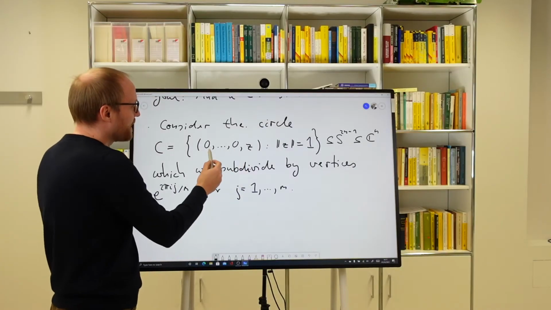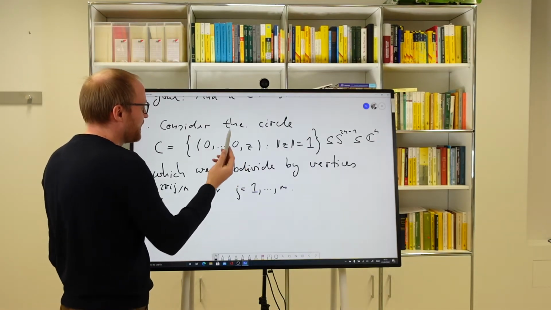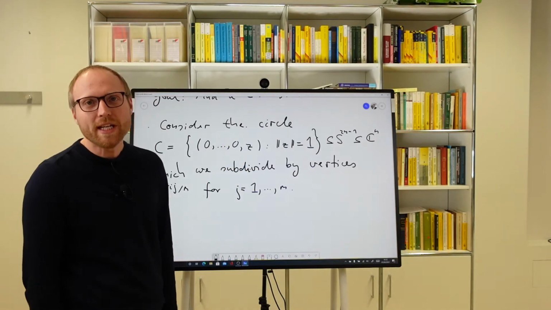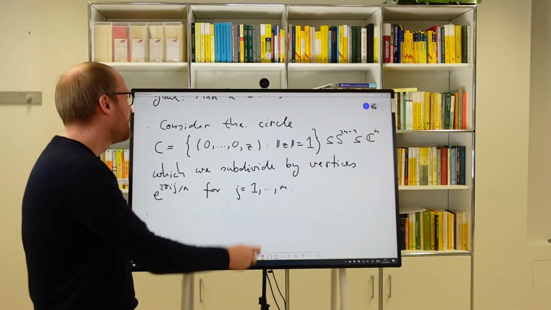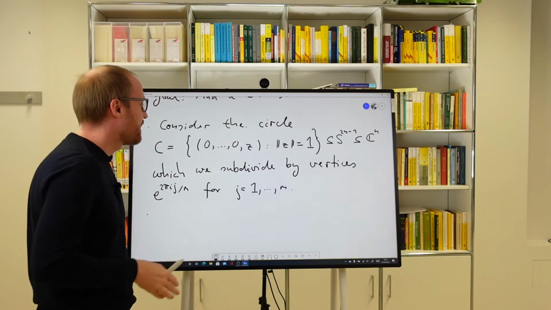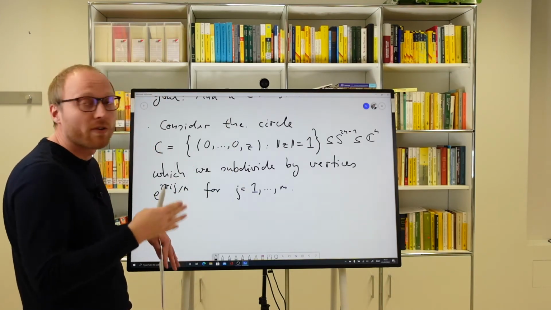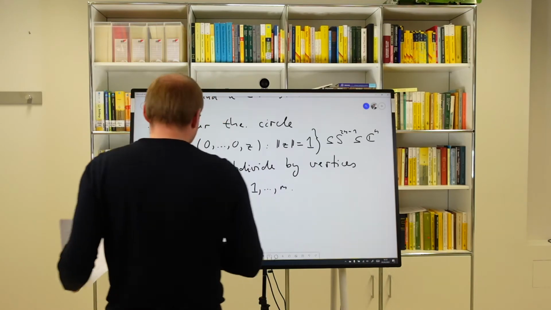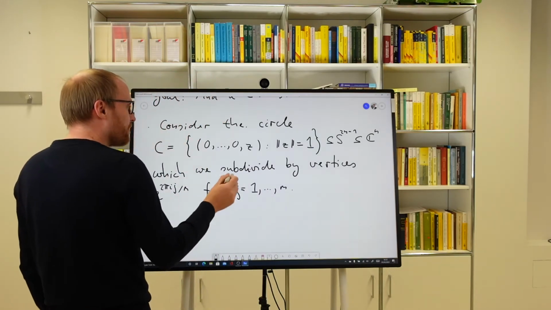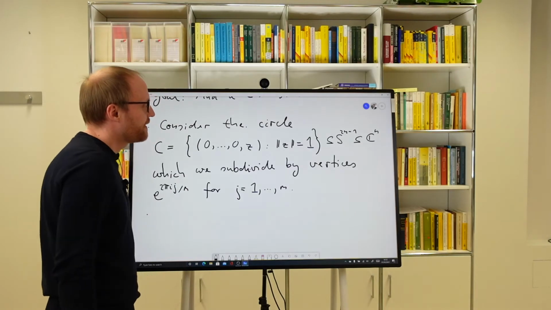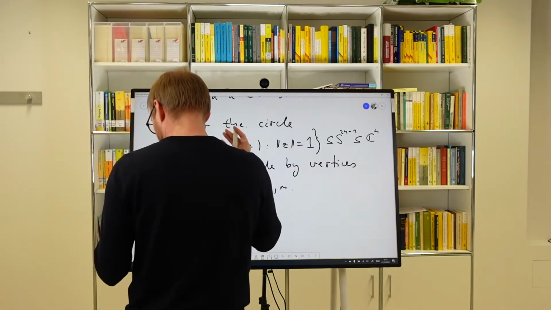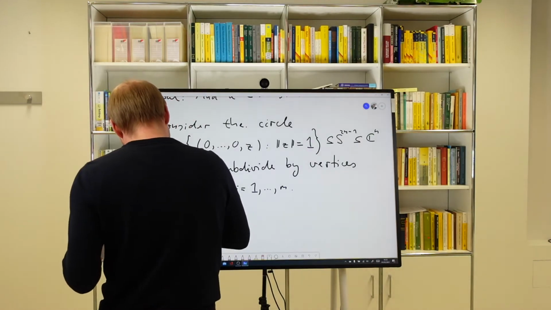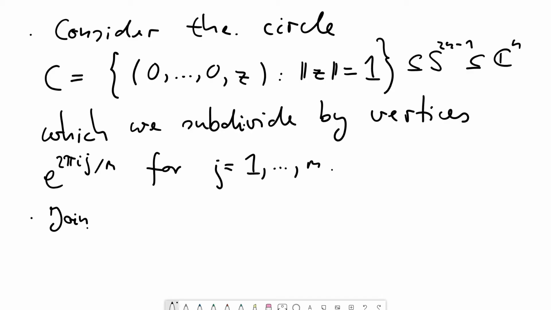Within the other n-1 coordinates there sits an embedded (2n-3)-dimensional sphere: all those points where the last coordinate is 0 and the first n-1 coordinates define a vector of norm 1. What we do now is join each of these m vertices we've just chosen with this (2n-3)-dimensional sphere, and we do this along great arcs within this (2n-1)-dimensional big sphere.